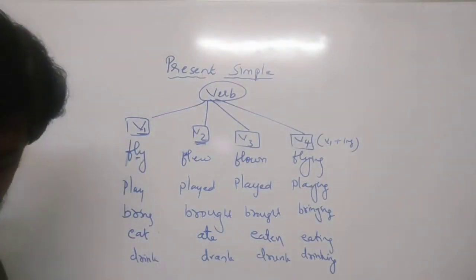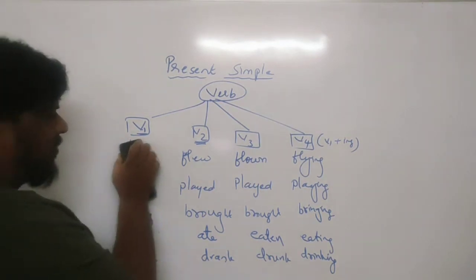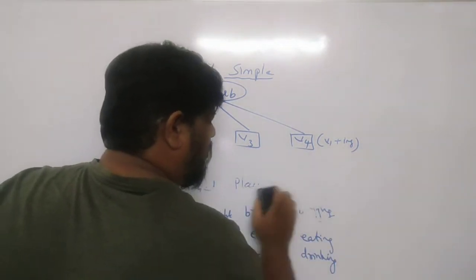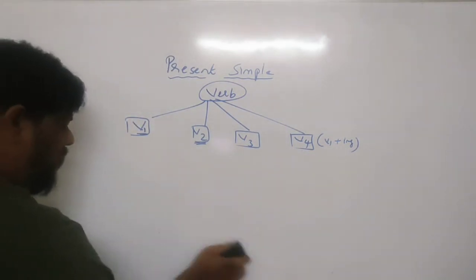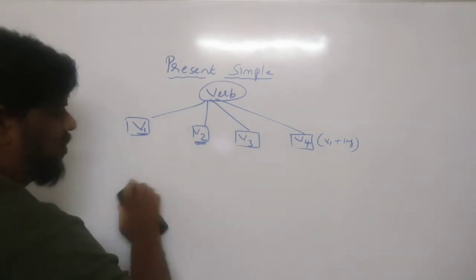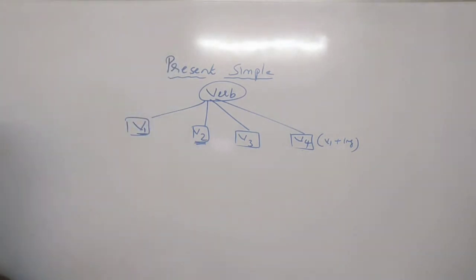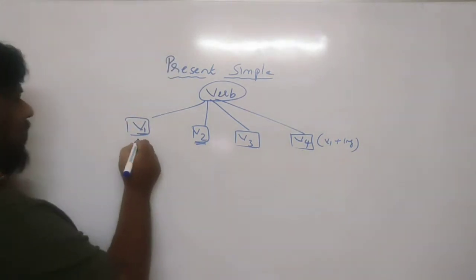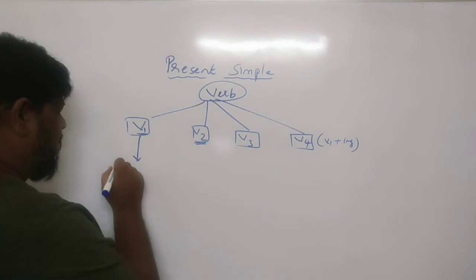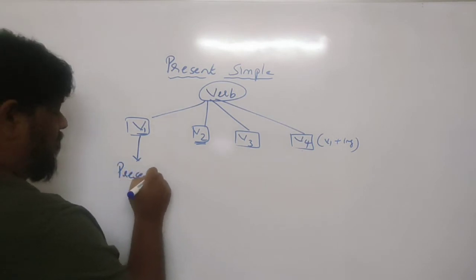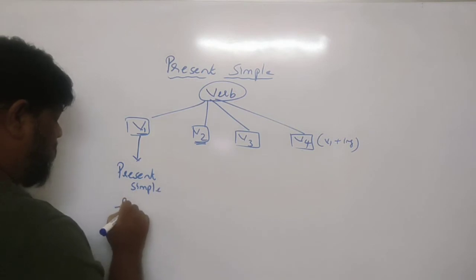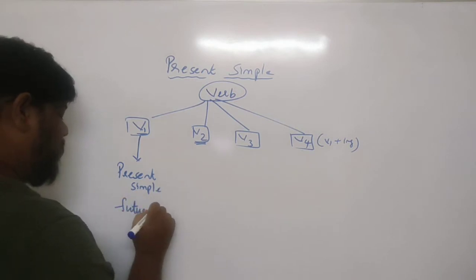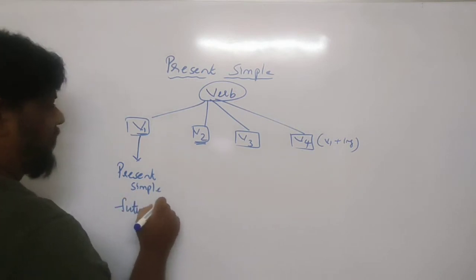Now based on this, I'll tell you one more thing to remember. I'm rubbing this one out. What is the table which I'm going to write now? You have to write this also, so that it will help you. This one will definitely help you out. I want you to write the things which I am telling you now. V1 is basically used with the present simple and future simple.